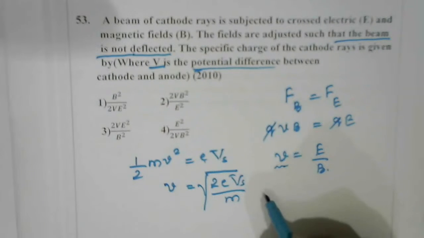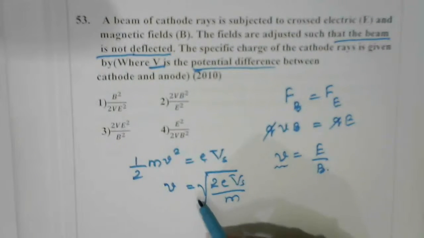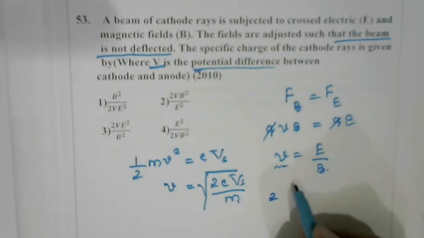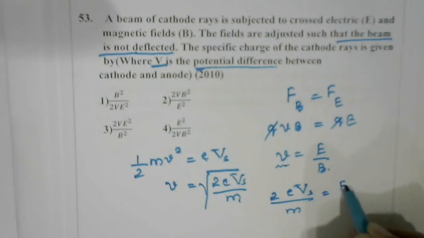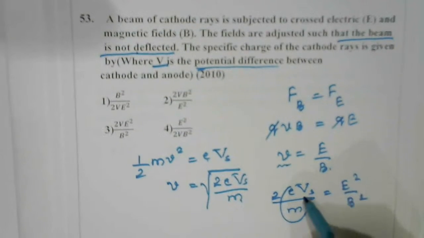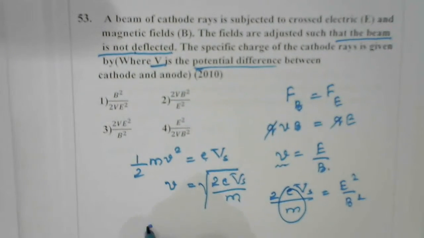So I'll square both the sides, because you have to get the charge by mass ratio. So this becomes 2eVs divided by m will be equal to E square by B square. I want only this much.